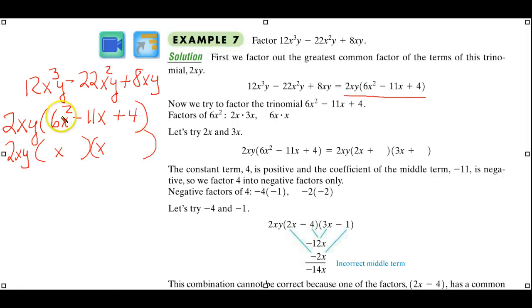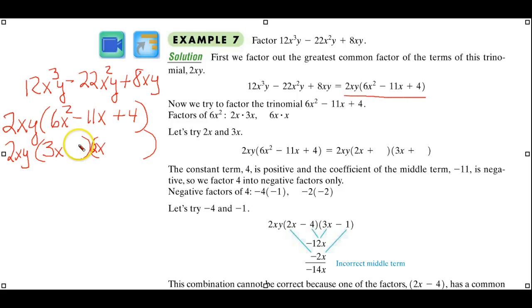So I thought about the 6, and I didn't do it that carefully. I'm just brainstorming here. Now, what other factors of 6 could I use? Well, I could use a 3 and a 2. Now, again, I'm going to go a 4 and a 1. No, it's not going to give me 11.